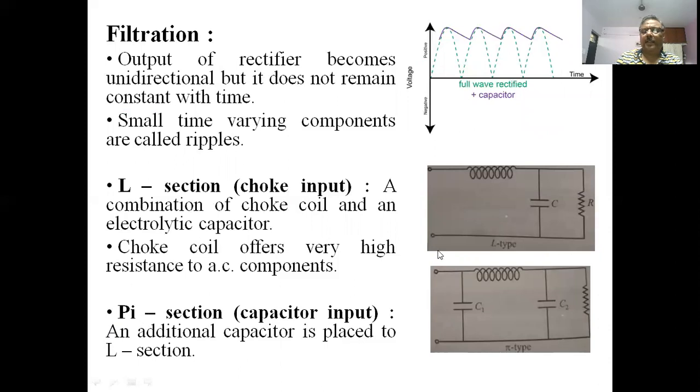The other option is that the incoming current is fed into a capacitor first, then into the choke, and then another capacitor. This resembles the Greek letter pi, and so it is called pi section.